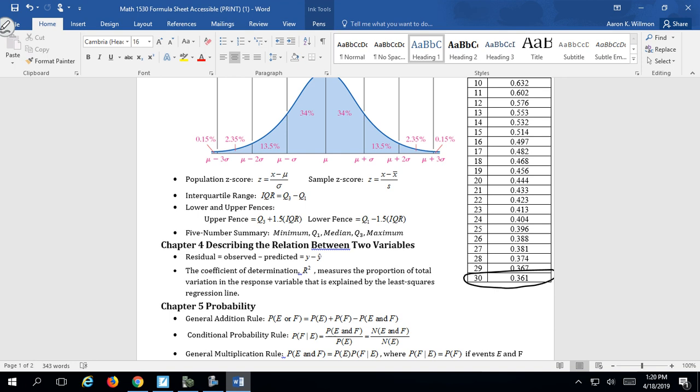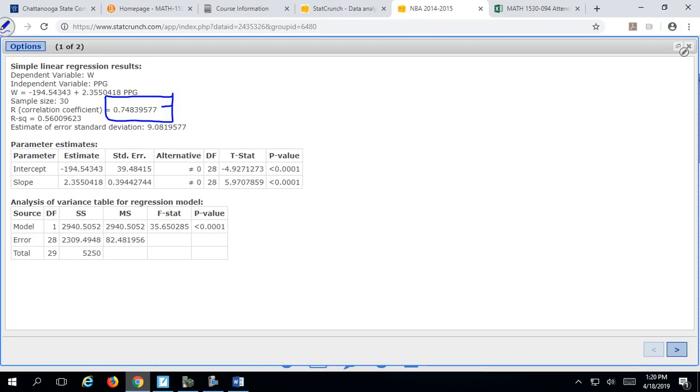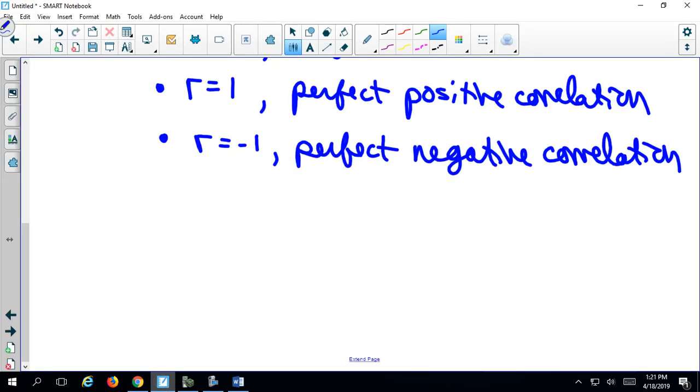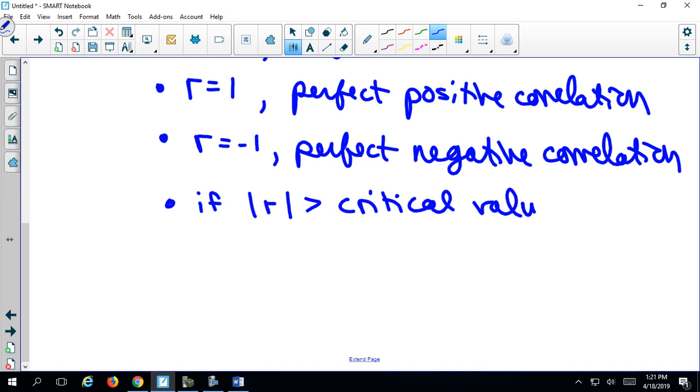When you're comparing, we say if the absolute value of R is greater than the critical value, then a linear correlation exists.